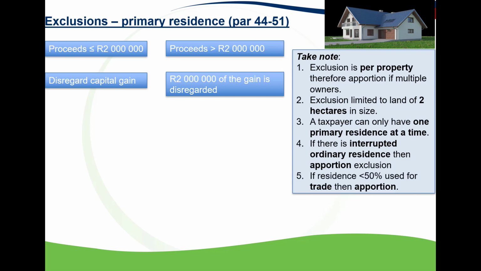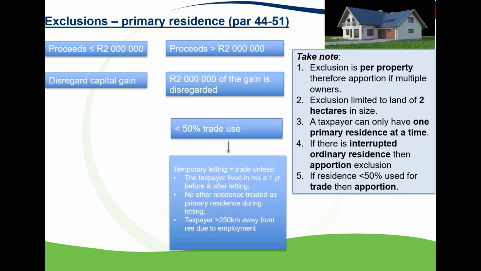Please note that temporary leasing is trade unless the taxpayer lived in the residence for at least a year or more before and after letting the property, no other residence was treated as a primary residence during the letting, and the taxpayer is required to be away from their primary residence due to employment, where the distance exceeds 250 kilometers.